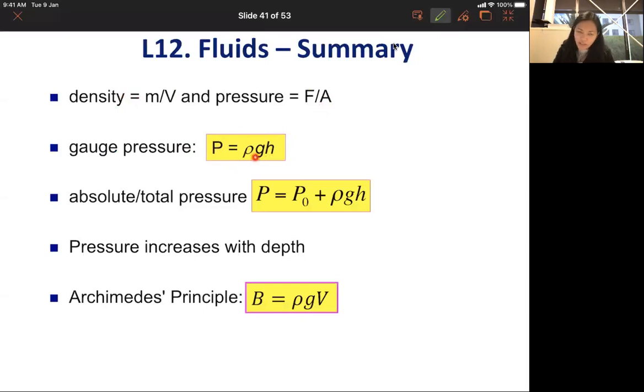So whenever you read in a question, solve for the gauge pressure, then you need to consider the depth of where the object is at, and the density of the fluid where the object is immersed. Total and absolute pressure considers the atmospheric pressure and the effect of the depth on the total pressure. Archimedes' principle is a consequence of pressure changing with depth. You have the density of the fluid displaced times g times the volume of the fluid displaced.